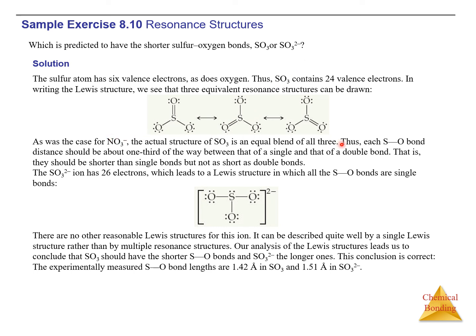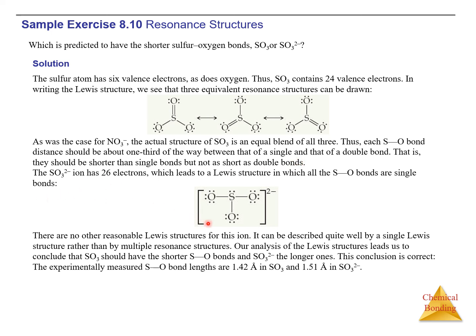So we draw structures for SO3 first and then for SO3 2-. Now in SO3 we have 3 resonance structures. They are all equivalent. As the actual structure is an equal blend of these, each S-O bond distance should be about 1/3 of the way between that of a single and that of a double. That is, they should be shorter than a single bond, but not as short as double bonds.